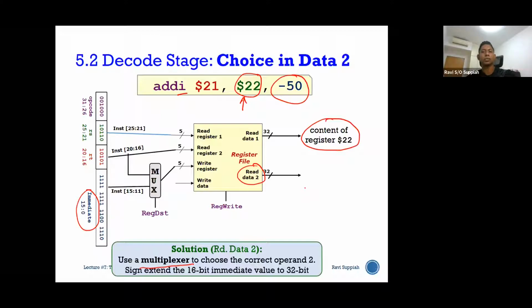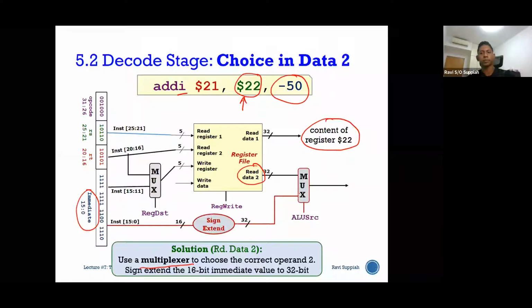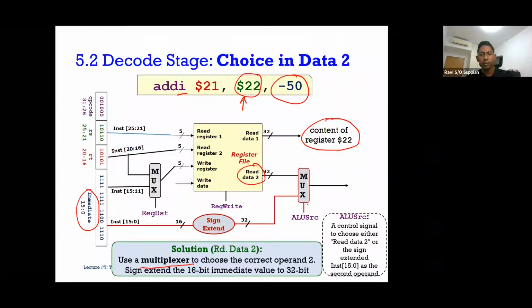But now for I type instruction, I have to include the option that the second data is not going to be read data 2, but it's going to come from the immediate field in the instruction. So that is where this multiplexer comes in. This multiplexer's job is to decide between the two types of data. One is the read data 2. The other is the 16-bit data already specified in the instruction.